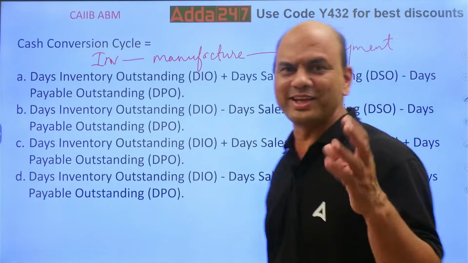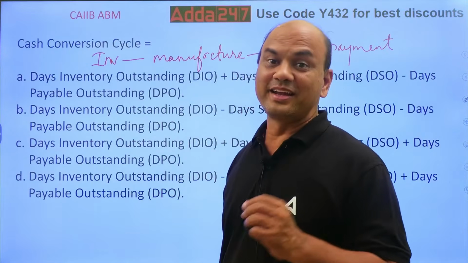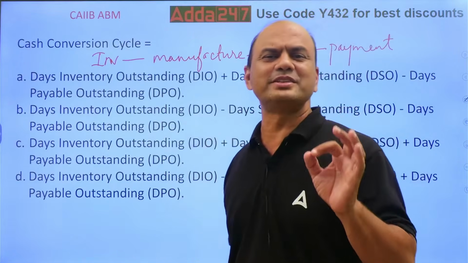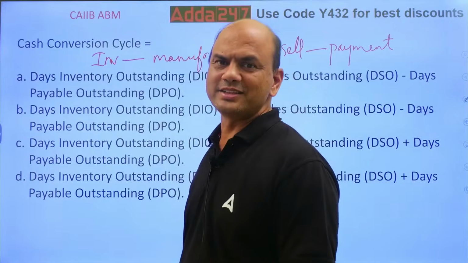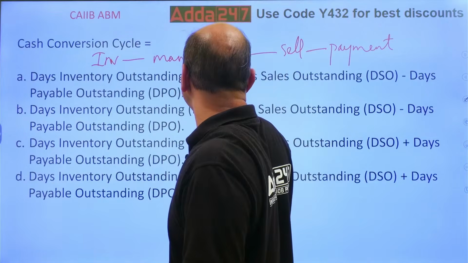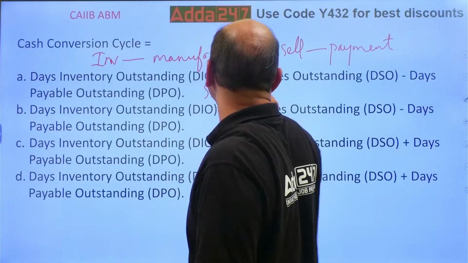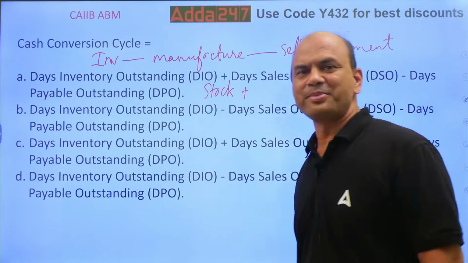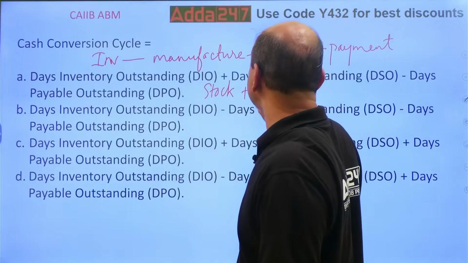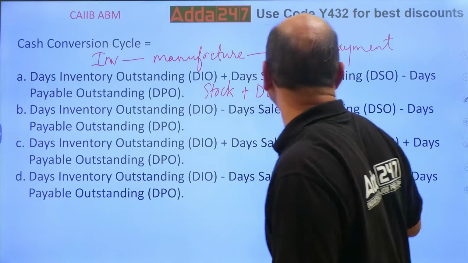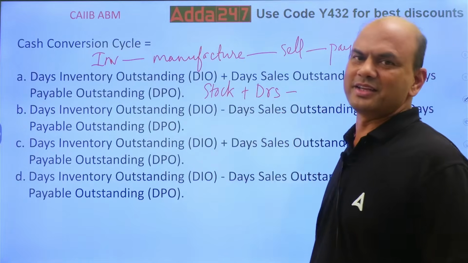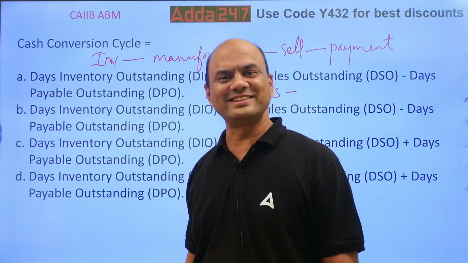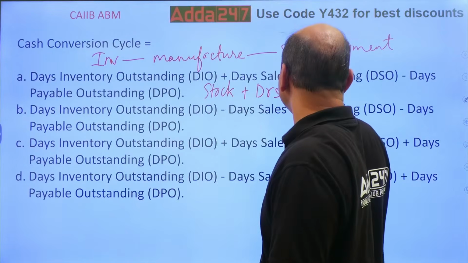Now these names, days inventory outstanding, days sales outstanding, you can have a simple name for them. Days inventory outstanding is stock, plus days sales outstanding, whose simple name is stock plus debtors, minus days payment outstanding. What is it called? Yes, creditors.